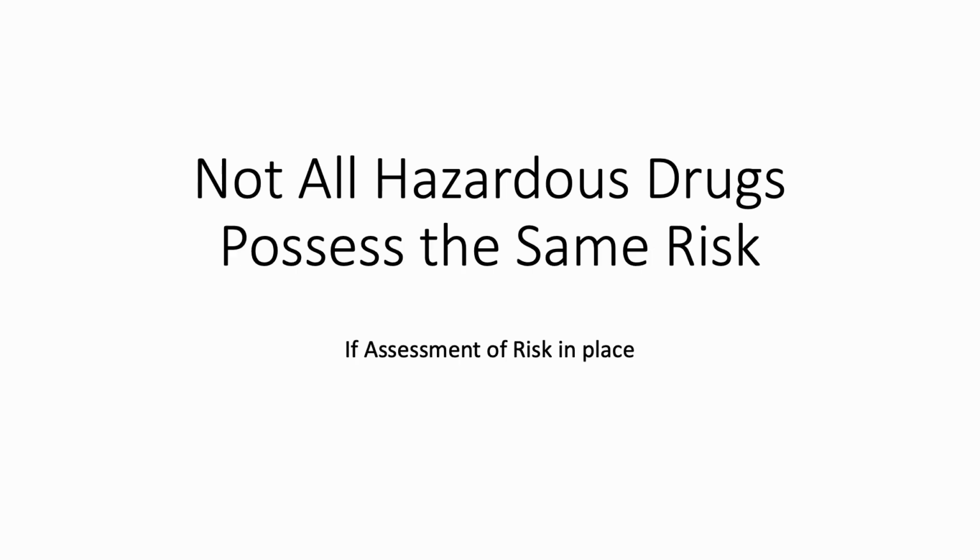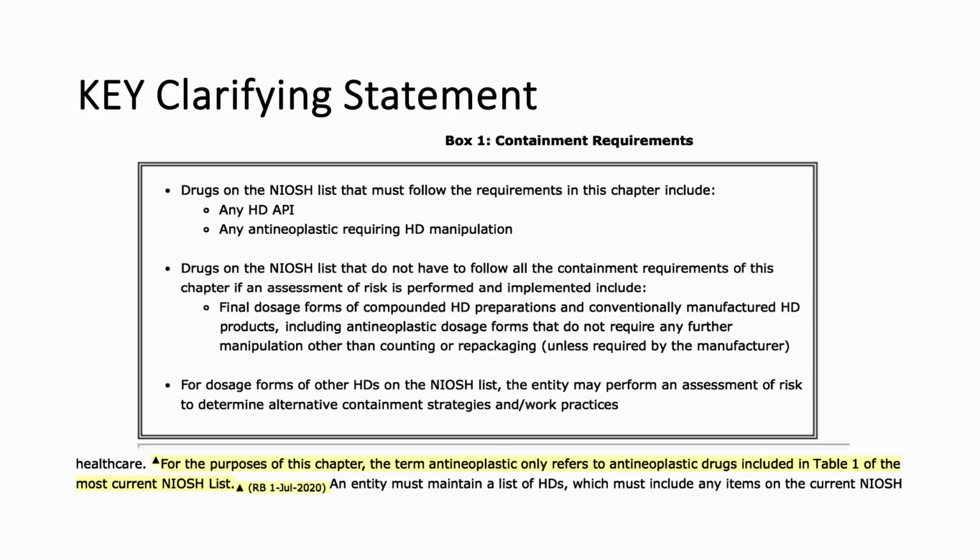Now, not all hazardous drugs possess the same risk. So what USP 800 allows us to do is to use something called a risk assessment. Here's a key clarifying statement located in box 1 of USP 800. It says that the only drugs that have to follow USP 800 all of the time are going to be any hazardous drug APIs. Those are active pharmaceutical ingredients.